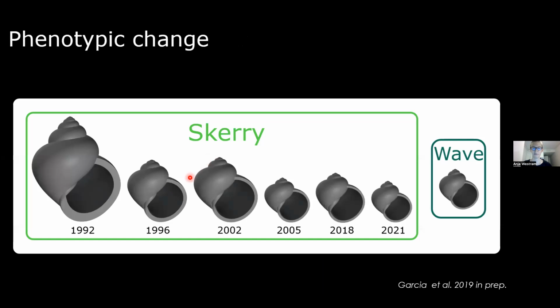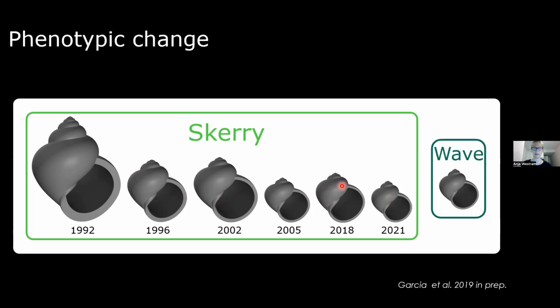And so if we observe the skerry population over time, we can see that indeed it has evolved from this crab ecotype-like snail towards a snail that looks more or less perfectly like the wave ecotype. So this is just a model of the shell shape and size, and each of these models represents the average of the snails sampled at that respective time point.